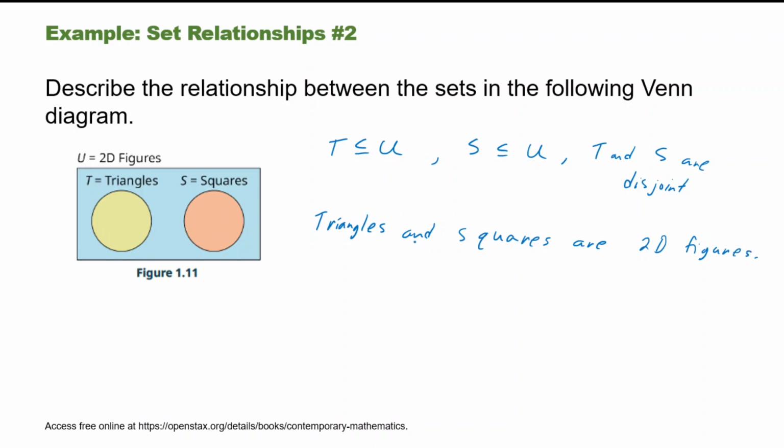Triangles and squares are 2D figures, but no triangles are squares, and no squares are triangles. Okay. So that's putting into words what we've said symbolically there.